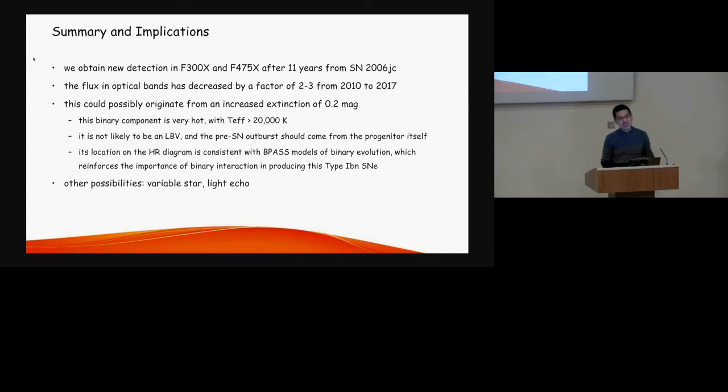Yes, actually 2015G is another type Ibn supernova, which is very similar to 2006jc. Actually, we are doing some analysis with more such supernovae. But here I can tell you that for 2015G, we didn't detect any binary companion. Well, this is because even for 2006jc, the detections are very close to the detection limits.